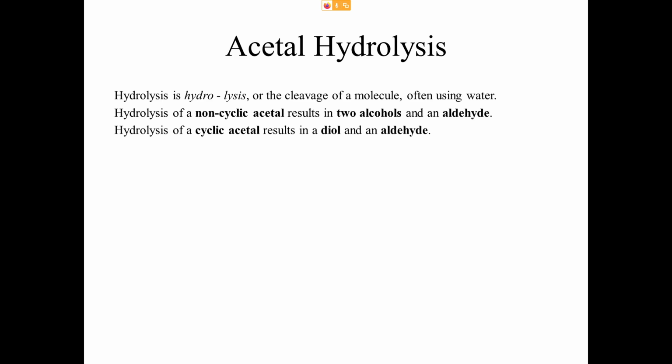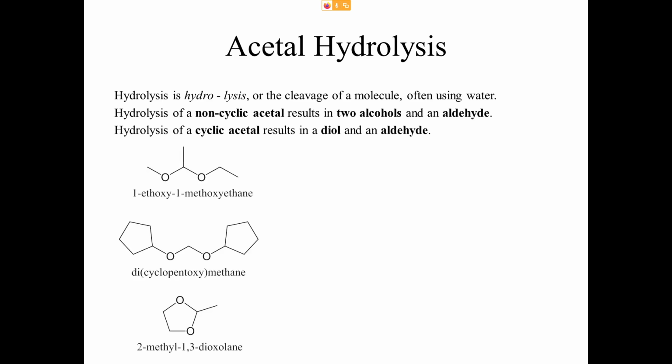And I'm going to break off one of the ORs, and it's going to result in an alcohol that leaves, right, with one of the H's from the water. And I'll show you some pictures of it in a second. And then I remove the other alcohol as an OR, and I make the carbonyl back. Right? So I'm reversing the process. That's all I'm doing. So let's do a quick example so you can visualize what I'm saying.